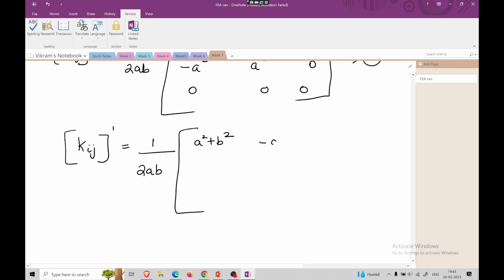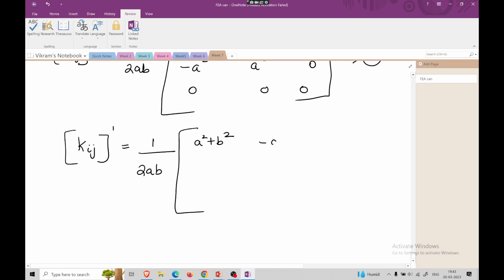So K31 of the first element is minus b square. Again, what is this? K32 of the first element and K23 of the second element is going to be 0.